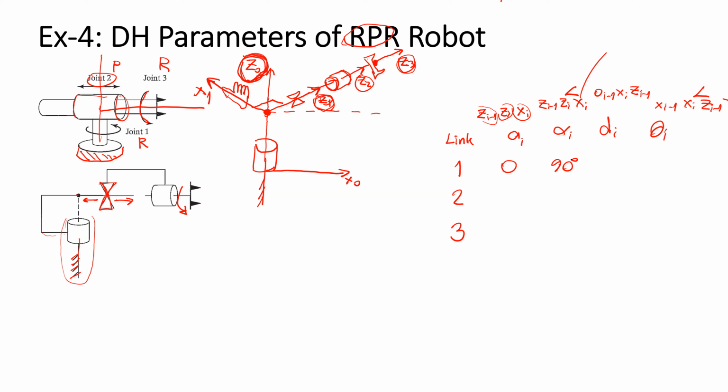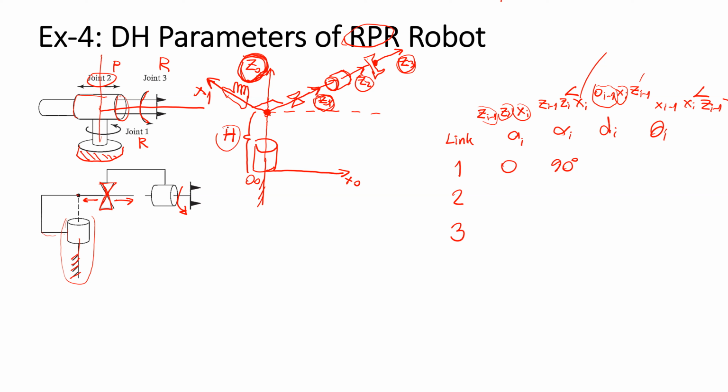The offset is O0 to X1 along Z0. So we need to define this length. This length may be the height.